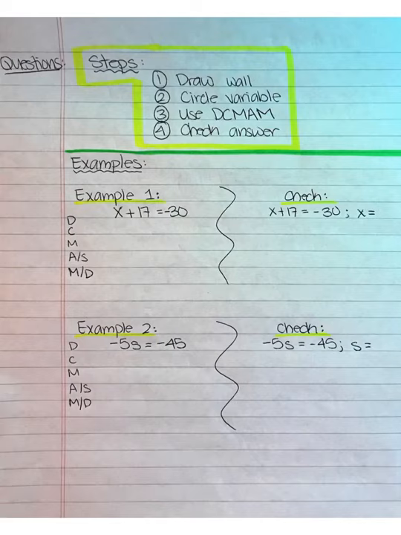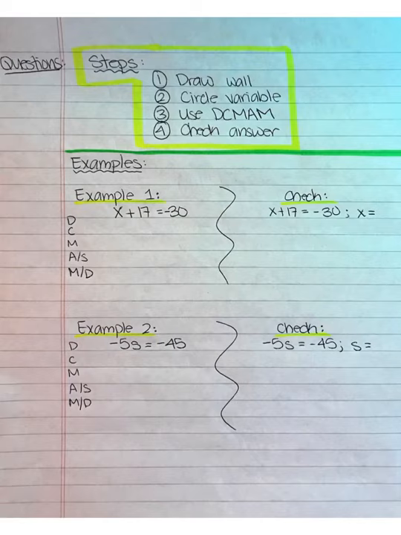Next, we want to circle our variable. We want to see where our variable is and ask ourselves, is our variable isolated? Is it by itself? If so, we reached our goal. If not, then we're not done yet. Then we're going to go ahead and use DC-MAM. And our last step is we're going to check our answer, because luckily with solving equations, we'll know if we're right or if we're wrong.